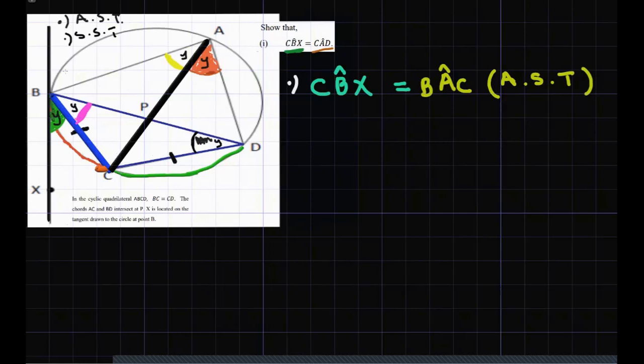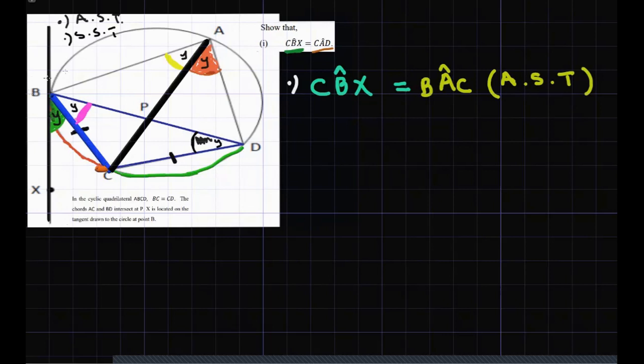What arc is it? Both of them are subtended by the arc BC, this arc. So let's record that to our examiner.